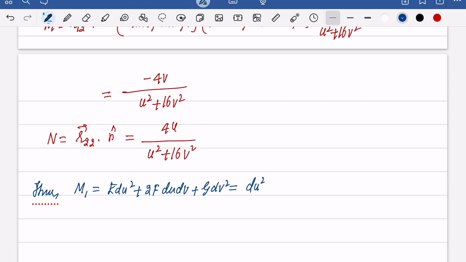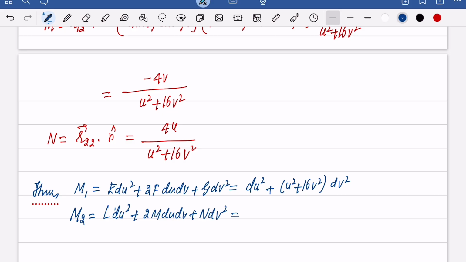Now F is equal to 0, and the next term is plus (u² plus 16v²) dv². And similarly the second fundamental form is M2, which we write as L du² plus twice M du dv plus N dv².